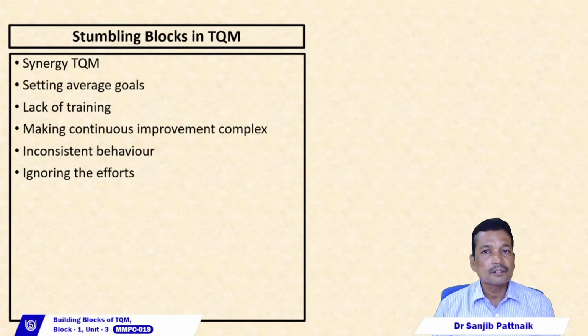It is very difficult to have a standard behavior pattern for the workers. However, we can make them understand that to work in a particular framework will make the total quality management successful. So inconsistent behavior is the stumbling block.